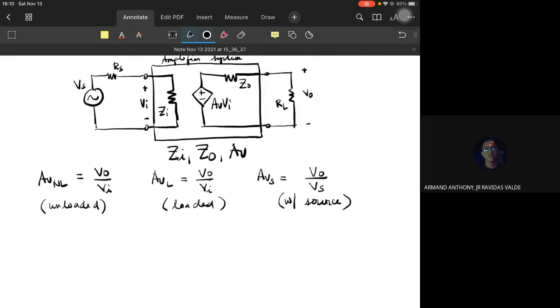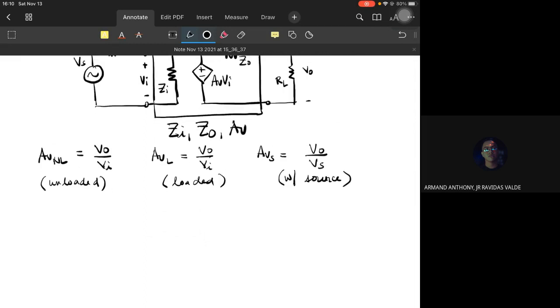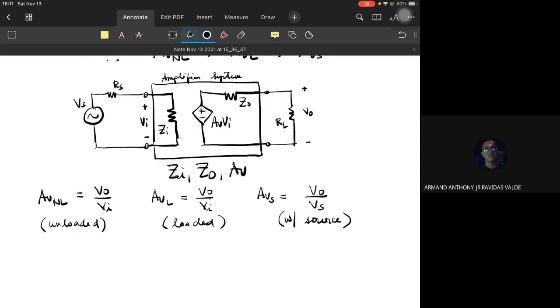But most of the time, it will be difficult to solve for VI and VO, especially since we already have a value for AVNL. The point here is we have a specific formula for AVNL, and we have difficulty solving for VO and VI.